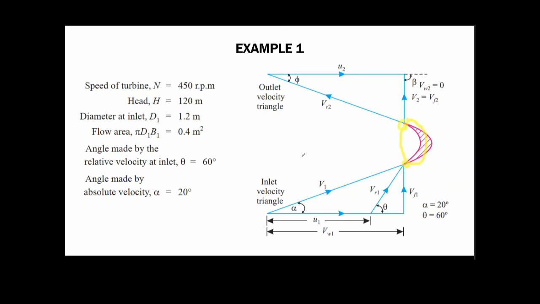Okay, so the absolute velocity going into the vane, v1, is given by this line. Okay, this is the absolute velocity of the water.